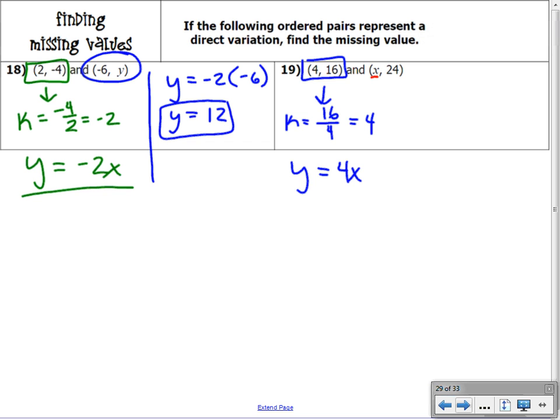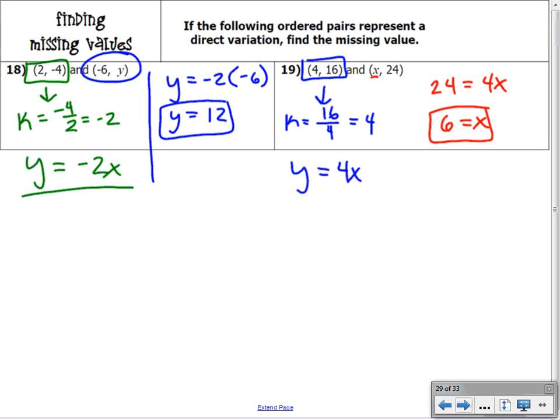We're solving for x this time. We don't know what x is, but we know that y is 24. So instead of plugging a number in for x, we're going to plug in 24 for y. We're going to say 24 is equal to 4 times whatever this x value is. And we solve for x by dividing each side by 4, and we find that x is equal to 6.